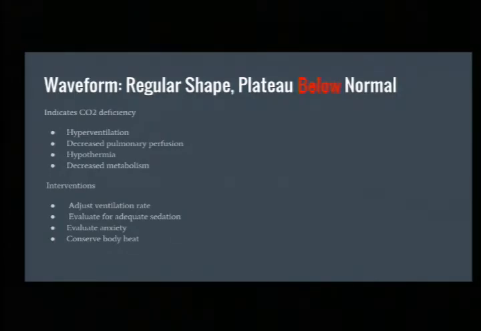They're cold, or they have decreased metabolism, which would be seen in anything that's been given to slow the rate down. So you can increase their ventilatory rate, evaluate for adequate sedation, evaluate: are they anxious? Do they need benzos to slow their breathing rate down? And help conserve their body heat if they're a drowning or cold exposure victim.